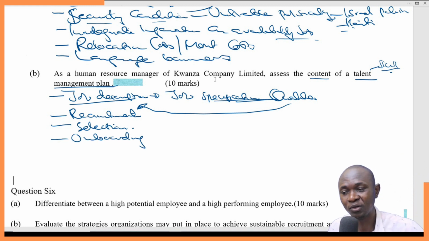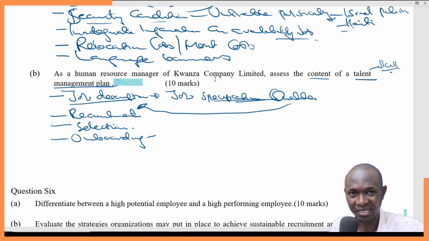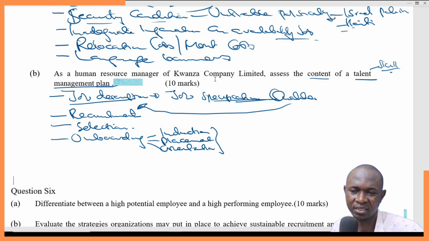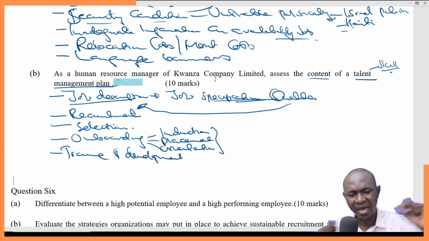Onboarding is where you try to fit the person into the system, into the culture of the organization. We talk about induction, we talk about placement, we talk about orientation. All these are the onboarding processes. Or we talk about training and development. All these are things that work hand in hand.